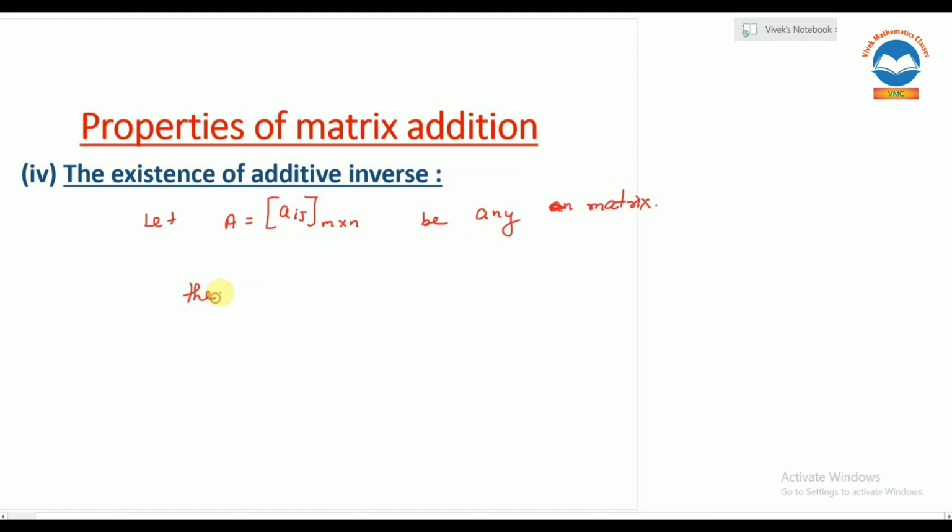Then we can write minus A is minus A. What will be minus A? In each and every element you have to multiply by minus. So this will be minus aij, m cross n. So minus A is additive inverse of A.